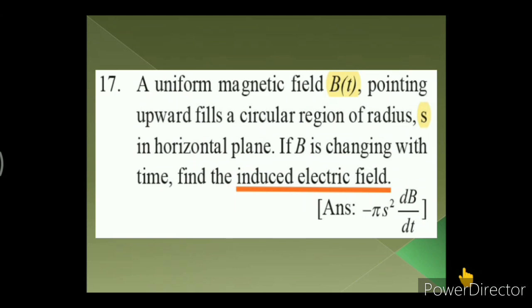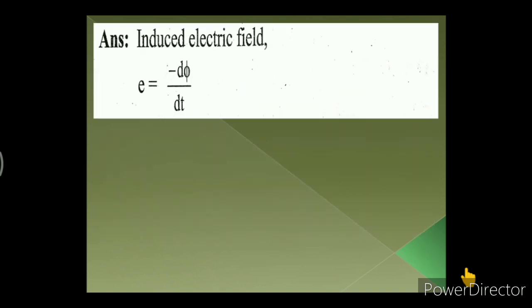As over here, it is given that a uniform magnetic field pointing upward fills a circular region of radius S in horizontal plane, and if B is changing with time, then we have to find out the induced electric field there. Let's see the solution.